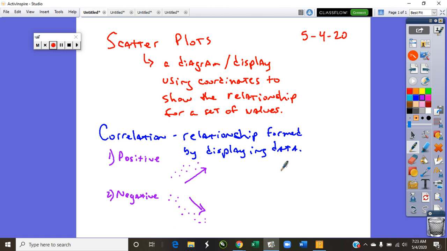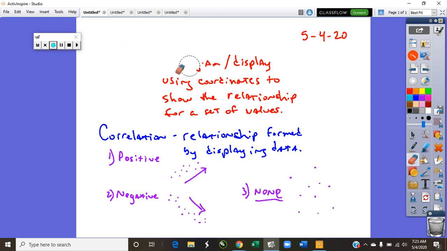And then the last one is none, or no correlation. That's when your dots are basically all over the place, and there's not really a specific relationship formed by that correlation.